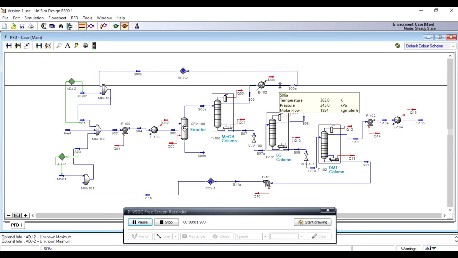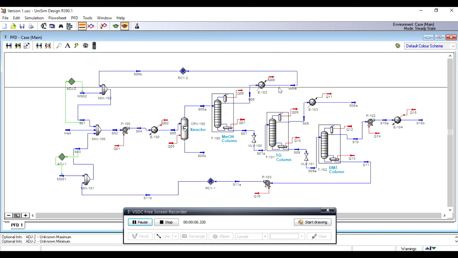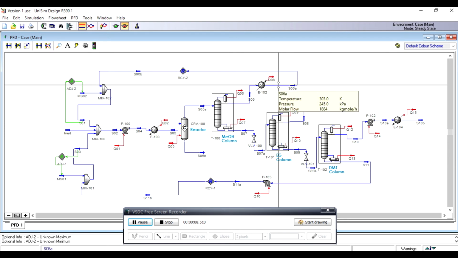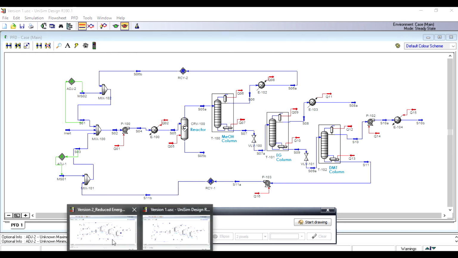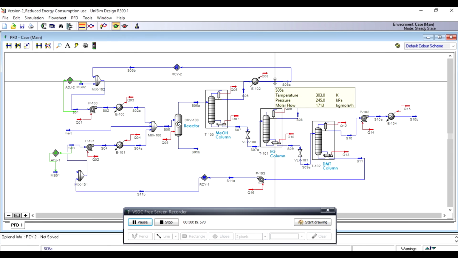The top recycle stream is the recycle stream of methanol. For the first version, the recycle stream of methanol contains a molar flow rate of 1,884 kgmole per hour. But for version 2, it contains 1,713 kgmole per hour, which is much less than version 1.